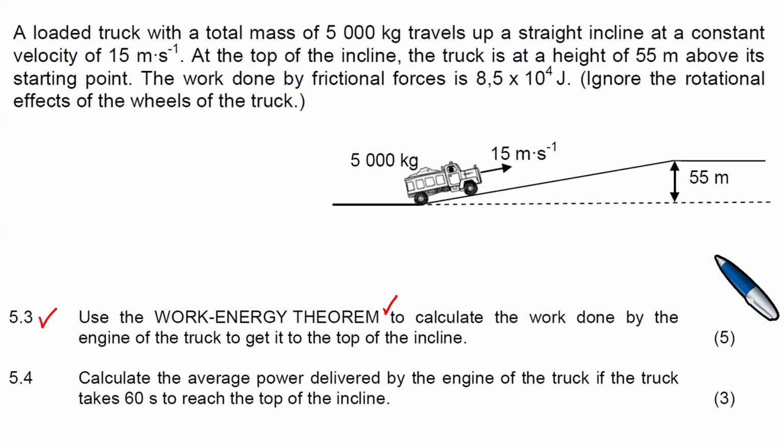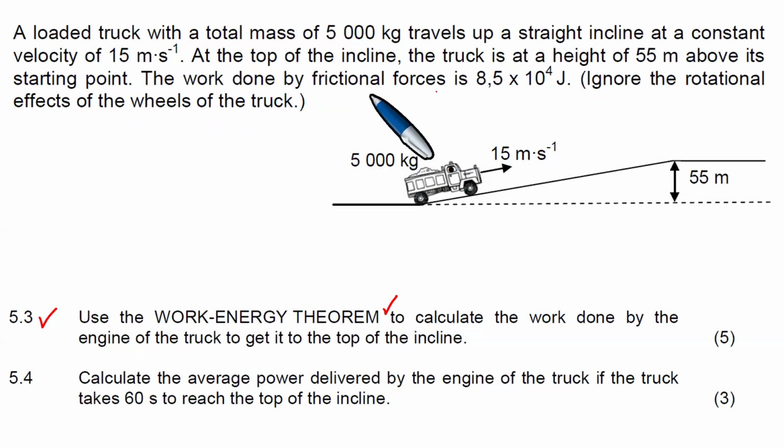We read the question again. We are dealing with a loaded truck with a total mass of 5,000 kilograms, travels up a straight incline at a constant velocity of 15 meters per second. At the top of the incline, the truck is at a height of 55 meters above its starting point.